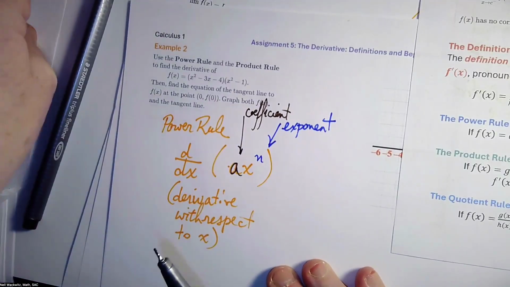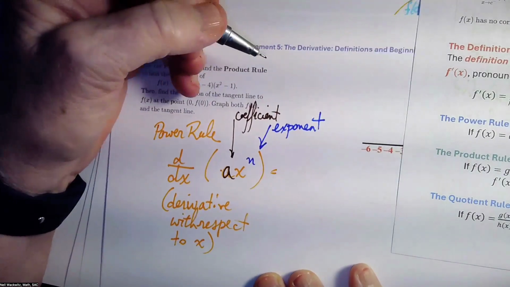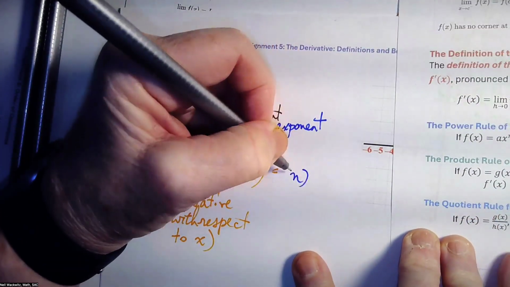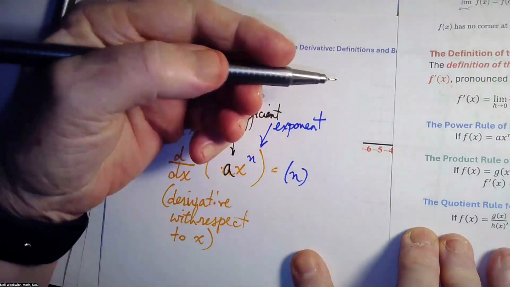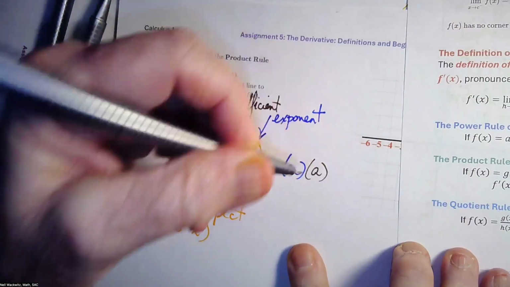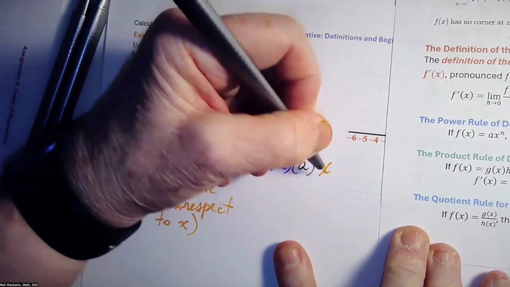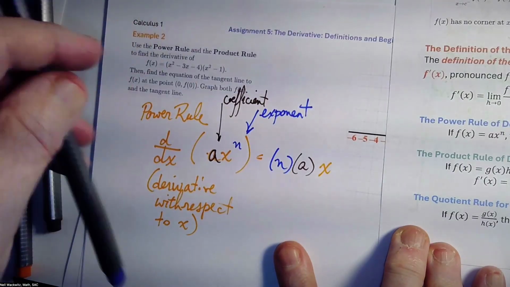Then you take the exponent, you bring the exponent down, multiply it by the coefficient, and then reduce that exponent by 1.